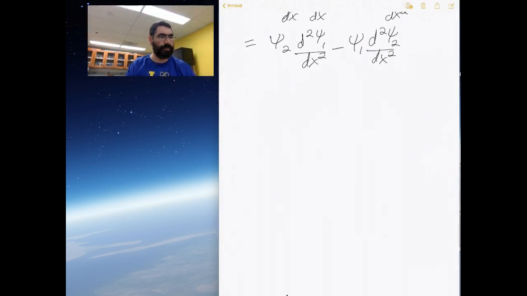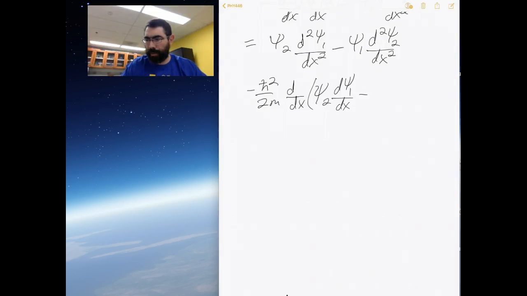We get, what I said, minus h bar squared over 2m, the first derivative of the whole parentheses, psi 2 derivative of psi 1, minus psi 1 derivative of psi 2. And that's equal to 0. So I could divide both sides by minus h bar squared over 2m and just be left with this derivative stuff.